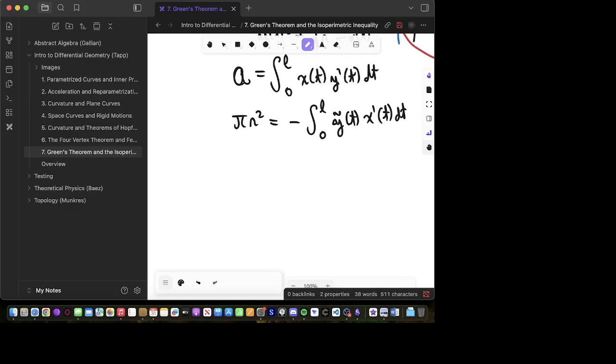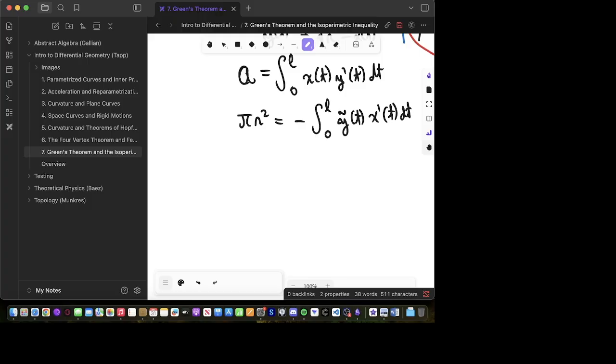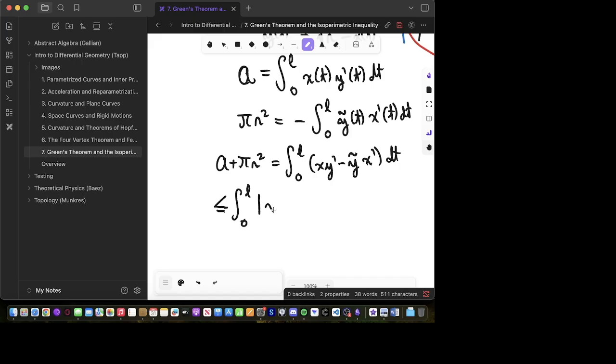So, if we put these two together, then A plus pi r squared is equal to the integral from 0 to L of x y prime minus y tilde x prime dt. And this is going to be less than or equal to the integral of the same thing, but with the absolute value.